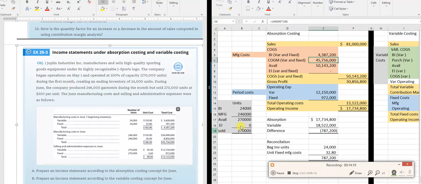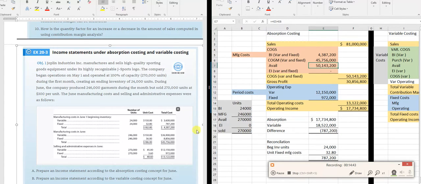So I have beginning inventory of 4,387,000. Again, I'm just putting dollars to this. And then I manufactured 246,000, and I want both fixed and variable because under absorption costing I include both. So I have 246,000 times my 186.